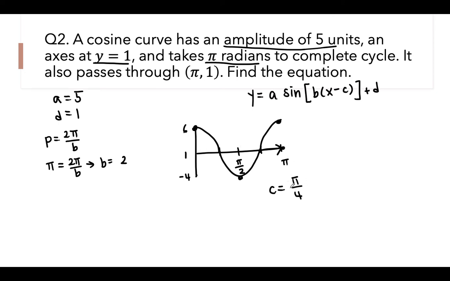So it moved pi over 4 to the right. Therefore, if I have to put everything together, y is equal to 5 cos 2 times (x minus pi over 4). Make sure you put it in factored form, and plus 1. So that is my final equation.